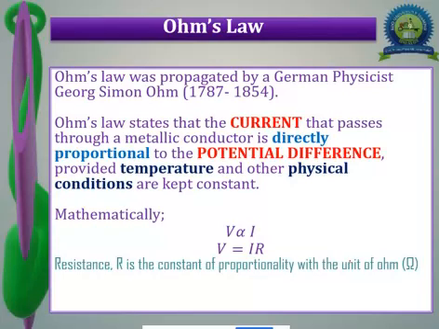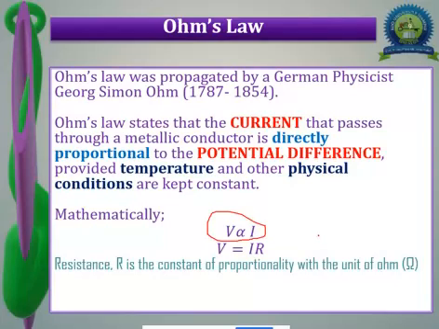And so we can write it mathematically that V is directly proportional to I, where V is the potential applied to the metallic conductor, and I is the current that will flow as a result of the applied potential. Are you following me, everyone?